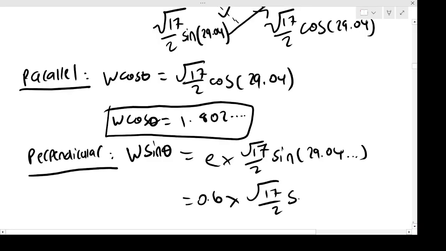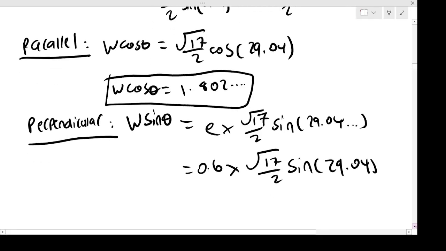So if we put all that in the calculator, we're going to get w sine theta to be 0.6, and then there's a bunch of zeros pretty much.